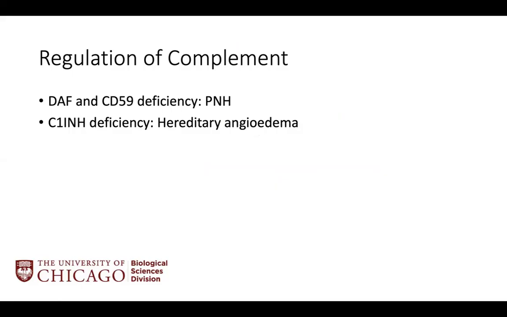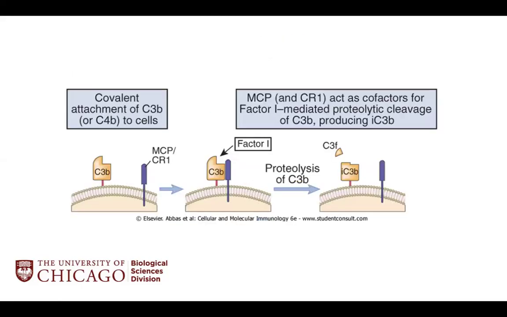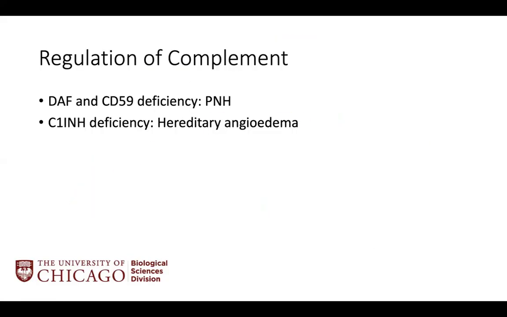Okay. DAF and CD59 deficiency are both associated with PNH. So all of these, I think, are important to remember, but when they're attached to a pathology, they're very important to remember. C1 inhibitor, as we discussed, is associated with hereditary angioedema.